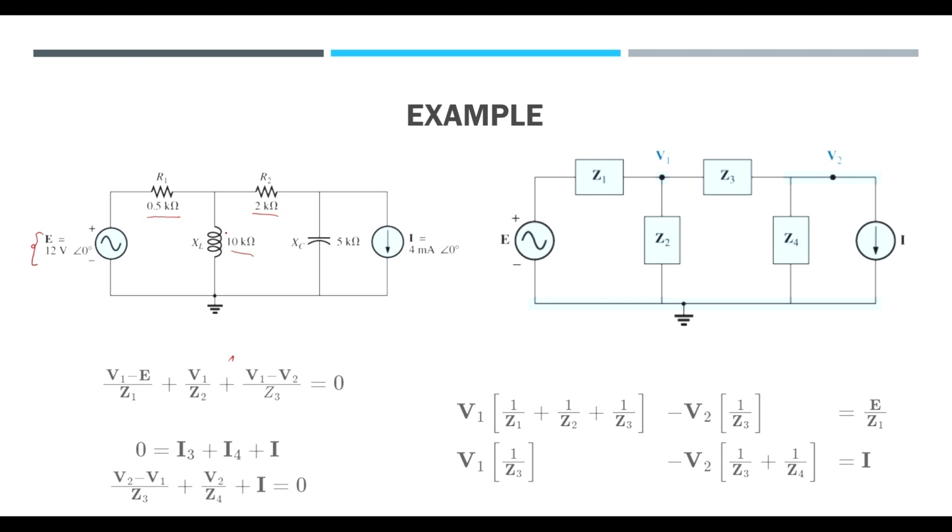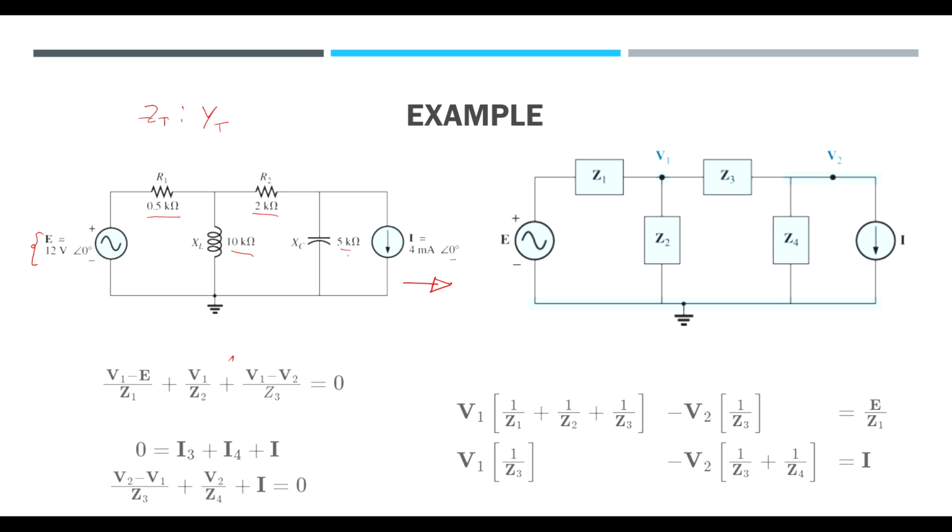The important thing is to go to the impedance or admittance, because this is how we can relate to Ohm's law to find the voltages and the currents. Notice that we have a capacitor with another reactance, and this is 5 kilo ohms. And then we have another active element, a source of current, which has 4 milliamps at a 0 degree phase shift.